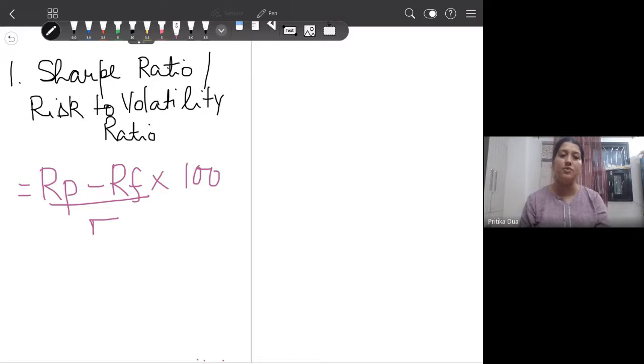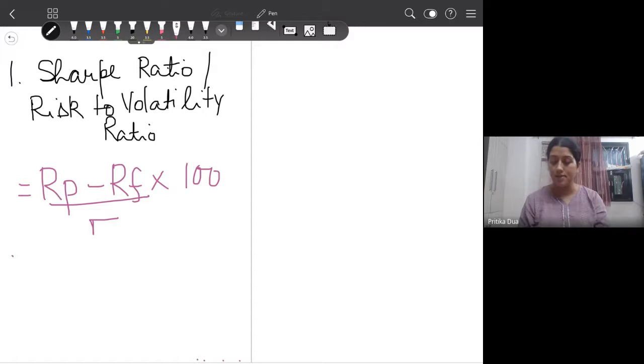RF is the risk free return. The return on your Treasury bills or government securities is termed as risk free return, divided by the total risk. Total risk, that is the sum total of systematic and unsystematic risk. It is measured by standard deviation into 100.